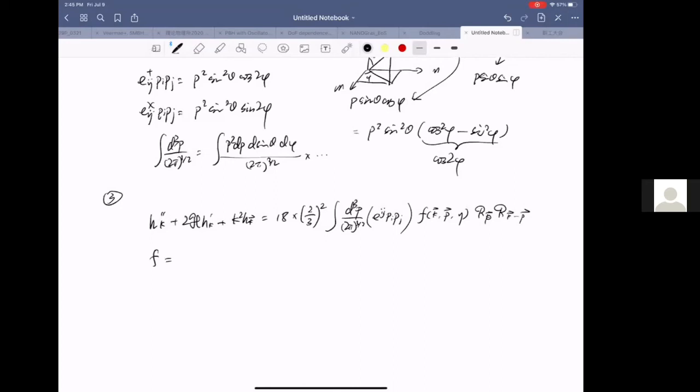This function f is a combination of Bessel functions. u is k minus p divided by k. e is p divided by k.